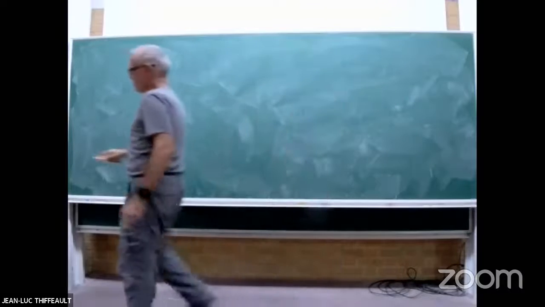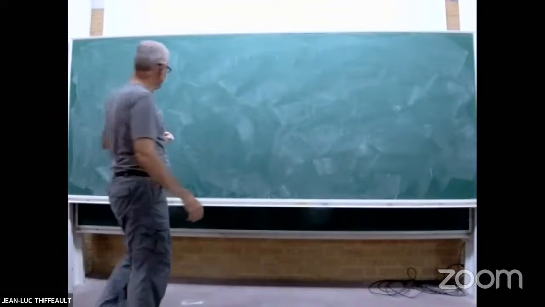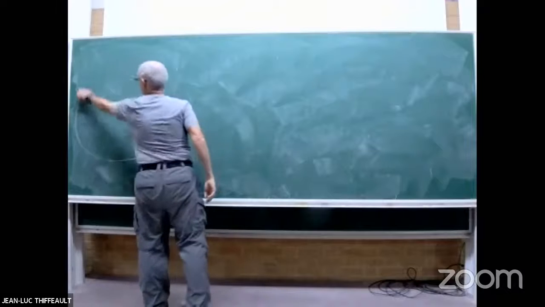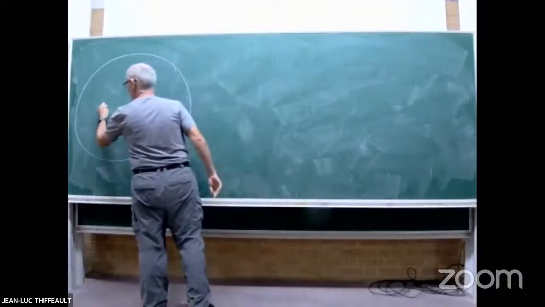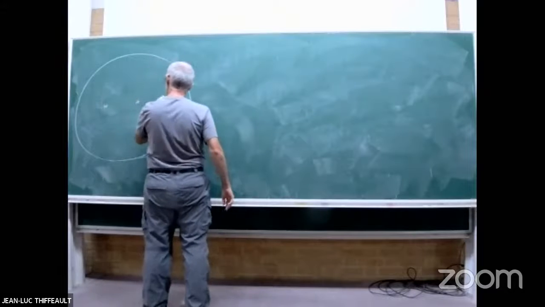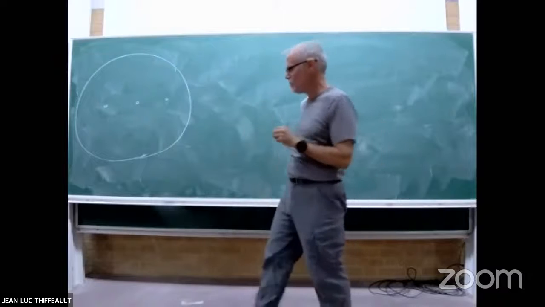Okay. So recall what we had at the very first lecture, which was the fundamental group of the disk. So this is a disk. This is a few points on the disk. I'm going to draw 3 punctures, but really I have in mind n punctures.